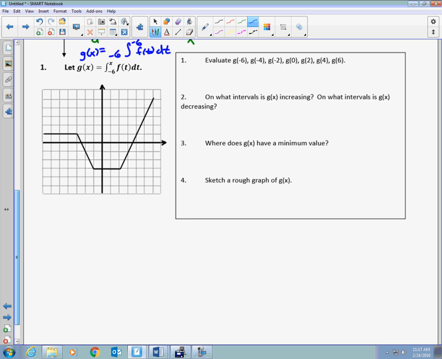And we will call this right here your f of t. So that's your function. I'm going to go back to negative 6: 1, 2, 3, 4, 5, 6. And I want to know the area because the integral represents area. What is the area from negative 6 to negative 6? 0. There is no area because there is 0 width.